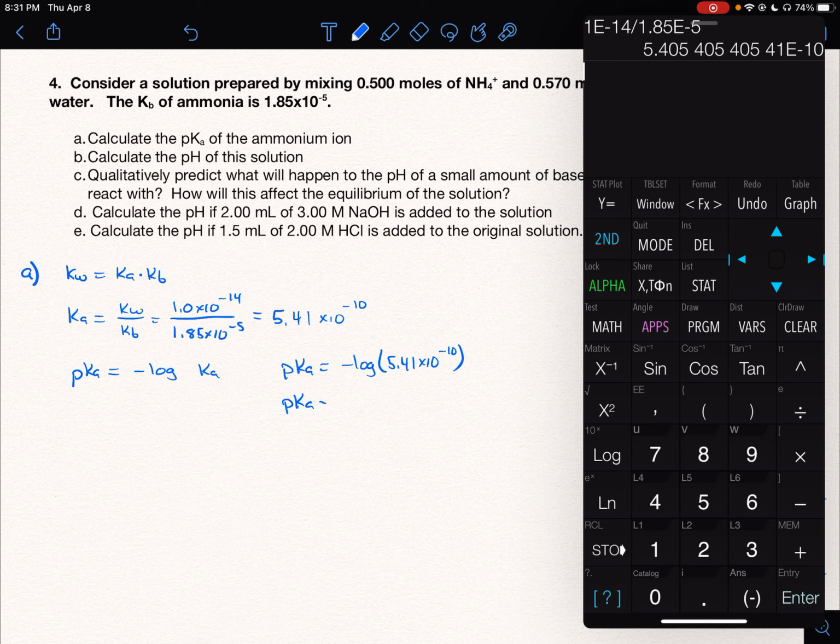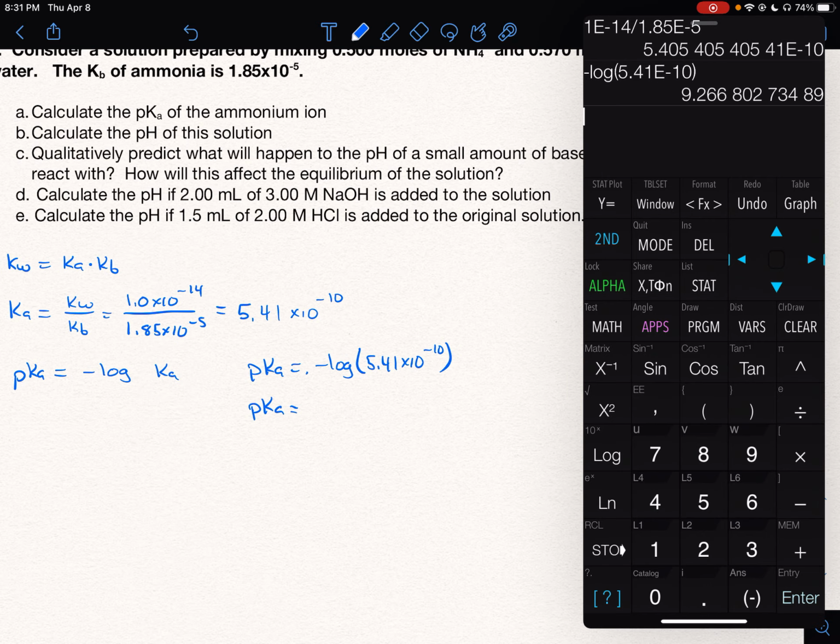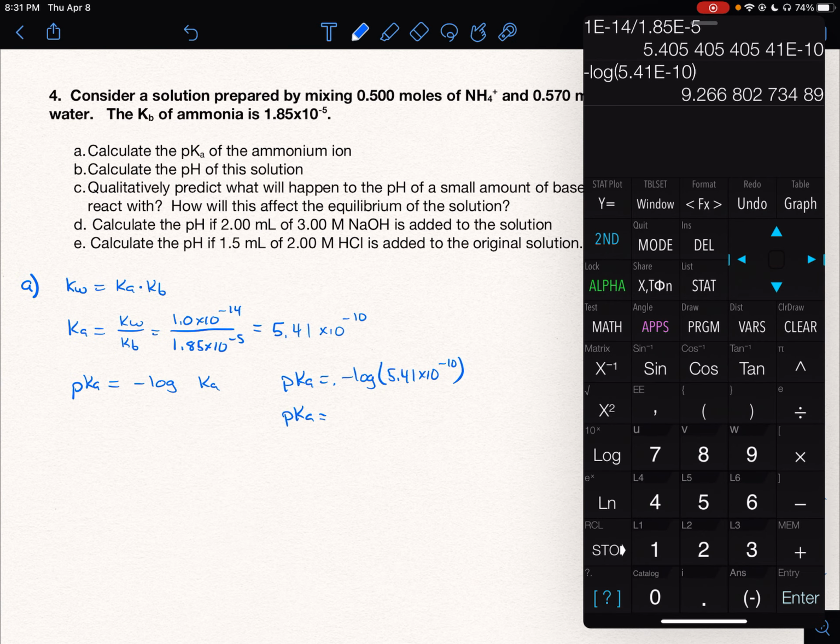And pKa is equal to, plug that into our calculator, negative log of 5.41 times 10 to the negative 10th. And we can see from the calculator, we get a pKa of 9.27. So there's part A.